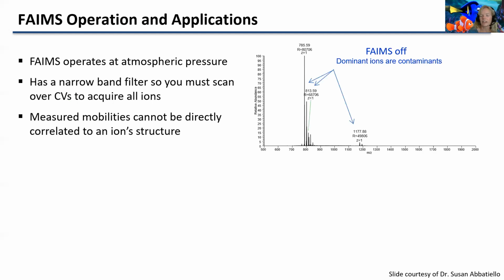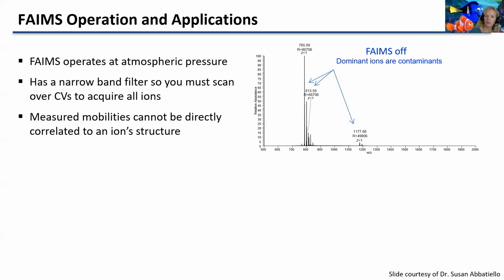So one great utility of FAIMS, there's many, but one great utility is to reduce contaminants and really focus on ions that you're interested in. And so in this case, the researcher, who was Dr. Sue Abbatiello, she was interested in looking at proteins. And so she was seeing that there were a lot of +1 ions in her initial spectra.